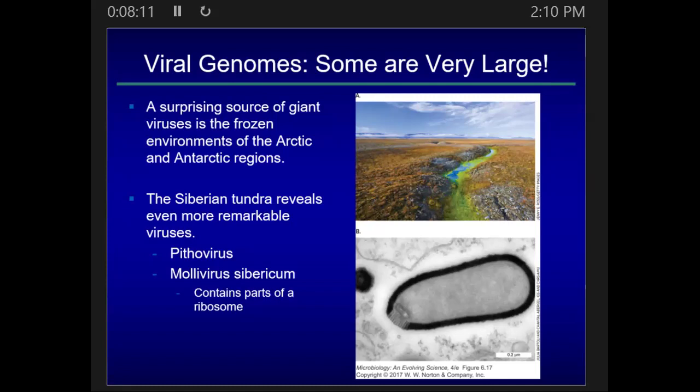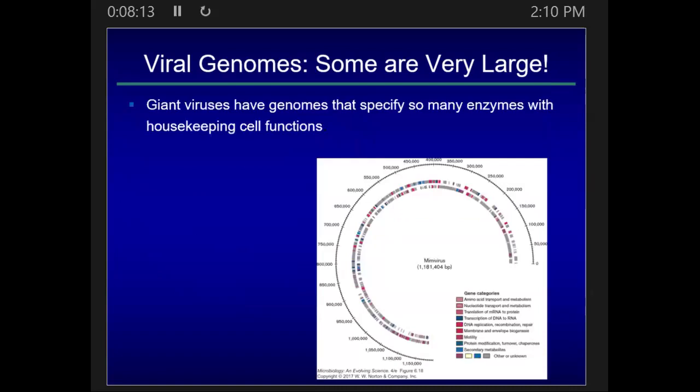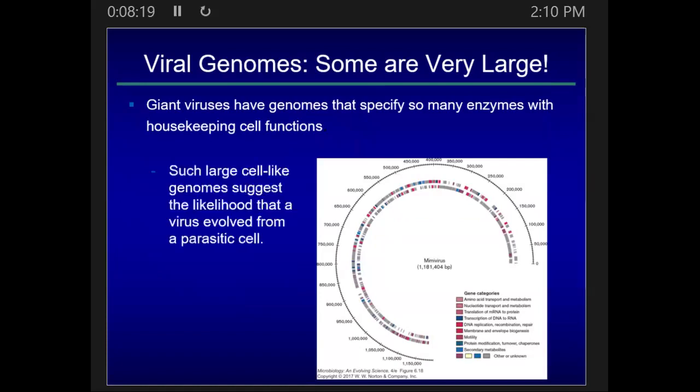So very interesting. Here's just trying to show you the number of genes on this one. And so a lot of microbiologists are starting to ask, could it be that it evolved off of a parasite, a parasitic microbe, and then evolved into a viral particle?